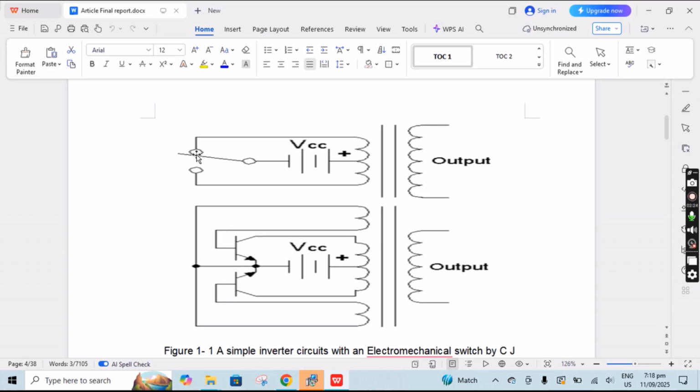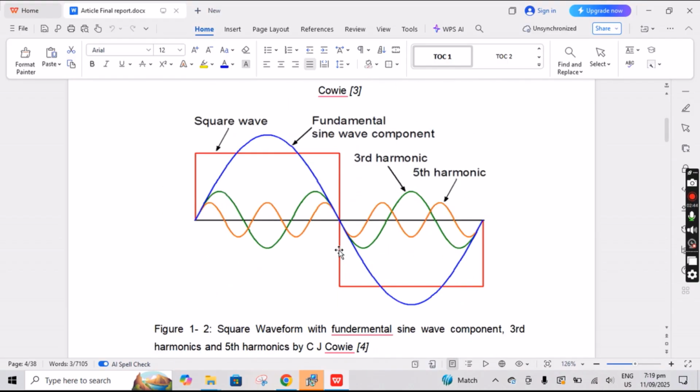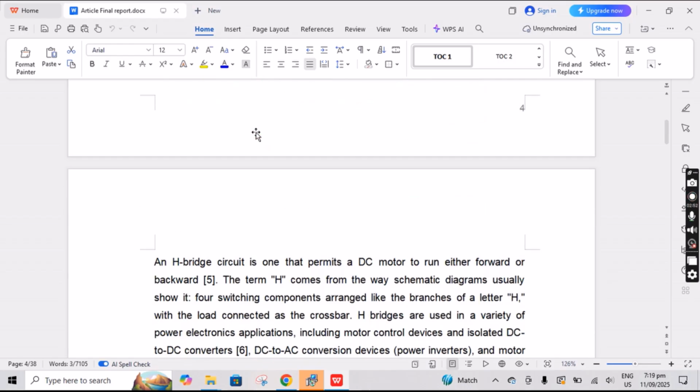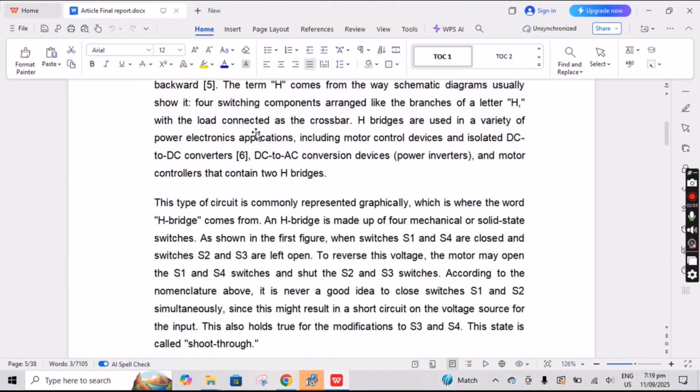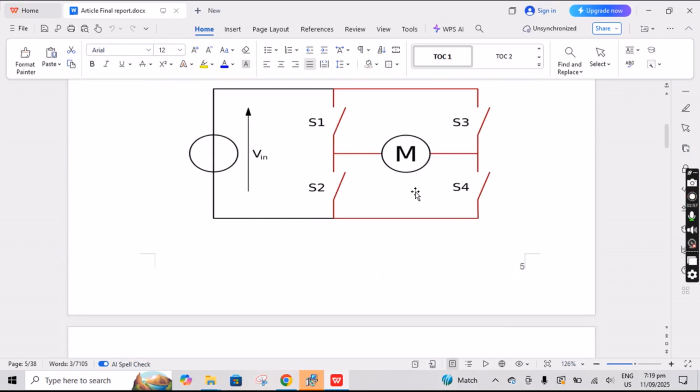This is the switch, in which VCC is applied, and then the 7-level multi-level inverter: 1, 2, 3, 4, 5, 6 and 7 levels. Here you can see a square wave, the fundamental sine wave, and the third and fifth harmonic signals. This uses the H-bridge as well, which converts the DC to AC.